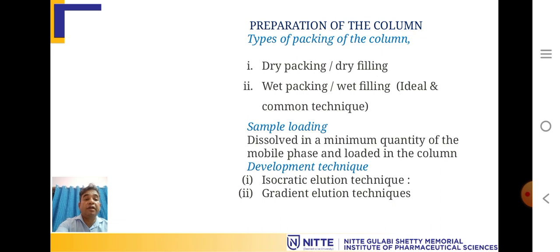If it is too concentrated at one place and the other side is vacant, the migration of the sample in the column will not be proper, right? And then there are development techniques called isocratic elution and gradient elution, which we'll see in the next section of the video. Till then, thank you, and take care.